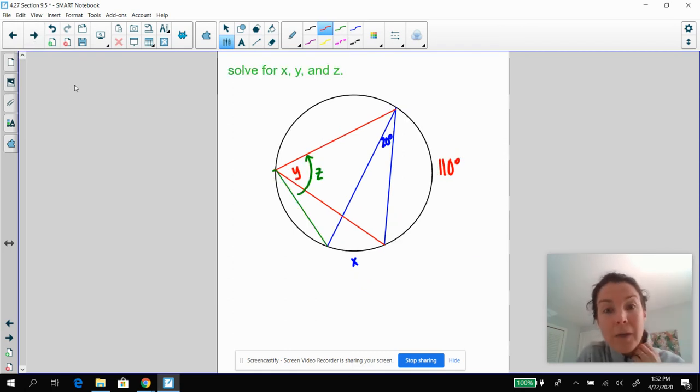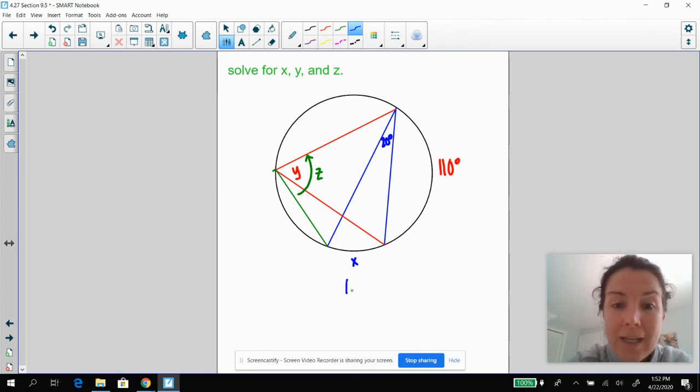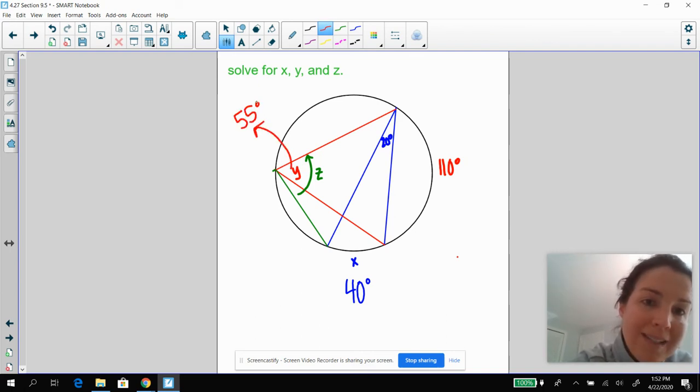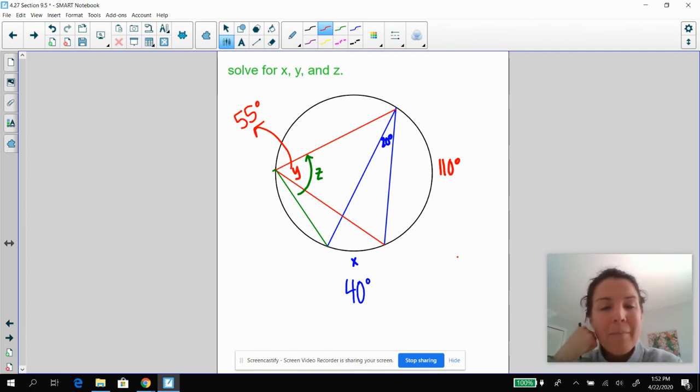All right, here comes the next one. So same thing. I still have x is 40. I still have that y is 55. Same thing. This is the same problem. But now I've added in z. So z, this is sort of like the arc addition postulate, right?